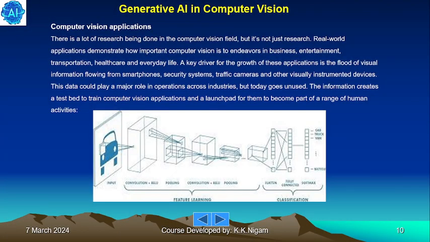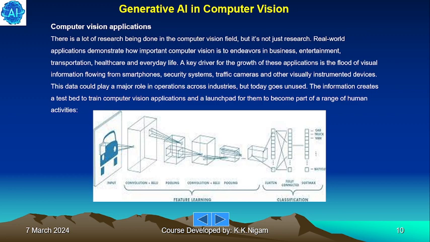Computer vision applications. There is a lot of research being done in the computer vision field, but it is not just research. Real-world applications demonstrate how important computer vision is to endeavors in business, entertainment, transportation, healthcare, and everyday life.